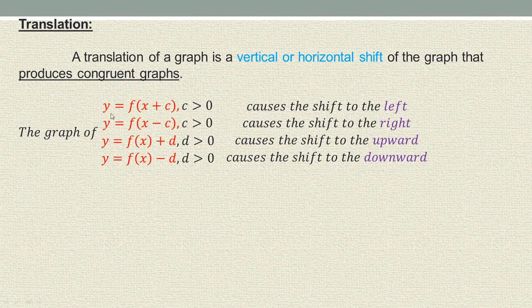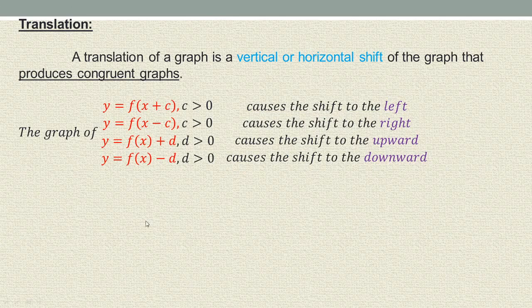So if you have y is equal to f of x plus c, the shift will be what? Leftward. And f of x minus c, the shift will be to the right side. f of x plus d means the shift will be upward, and f of x minus d will be downward.